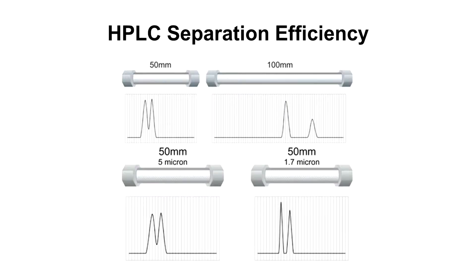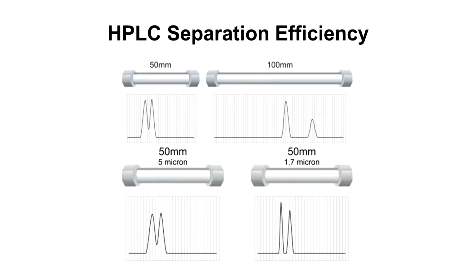So depending on the geometry and the types of particles in your column, you can get very different kinds of efficiencies. So short columns don't generate great separation. Longer columns, which take longer to run, give you excellent separation. But you can also get benefits if you shrink the size of the particles. So a typical size of maybe 5 micron particles, the separation isn't great.